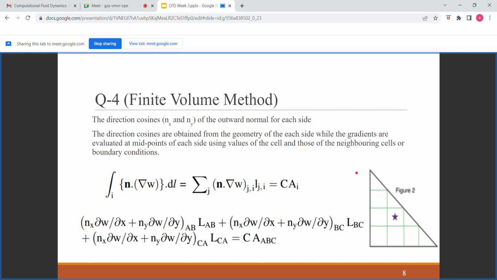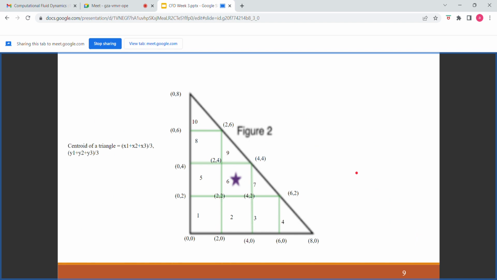So we have used this finite volume method to get figure 2 discretized. Basically, we have put 8 different points. Since we are using midpoints, we have taken each cell to be 2 in dimension. So we have put grid points for all of these and marked the cells for our convenience.